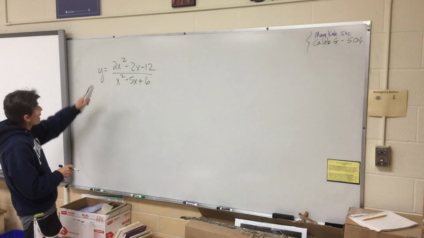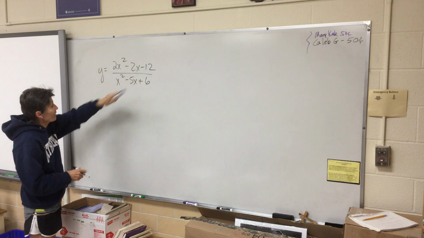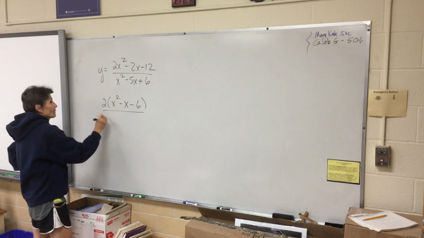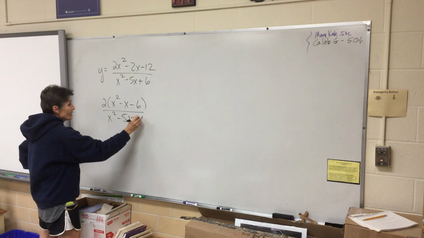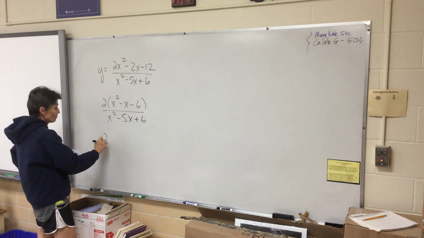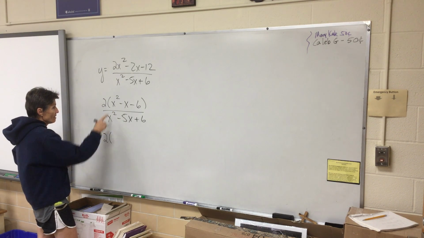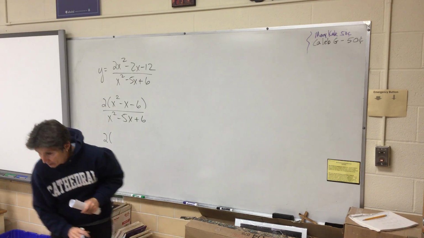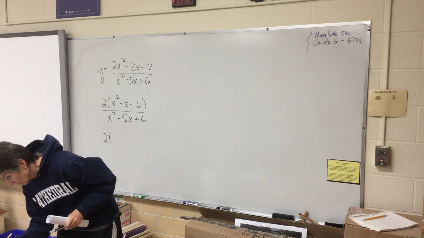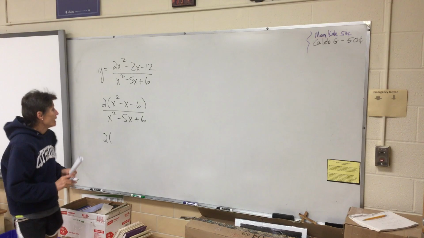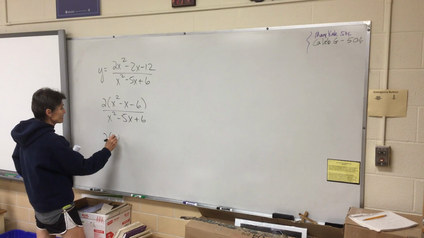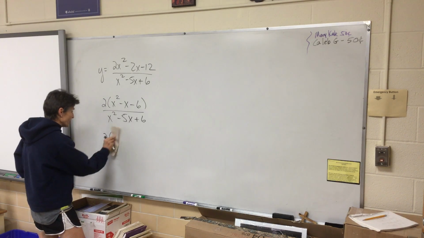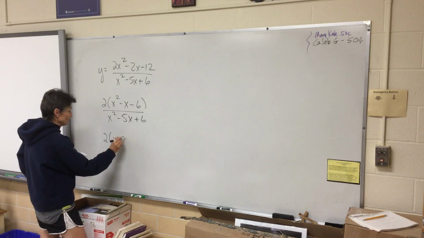So when you say factor, look at the top. I think I can take out a 2. And now I can factor that trinomial and that trinomial. So I'm going to have, let's see, that one's going to be x minus 3 plus 2.